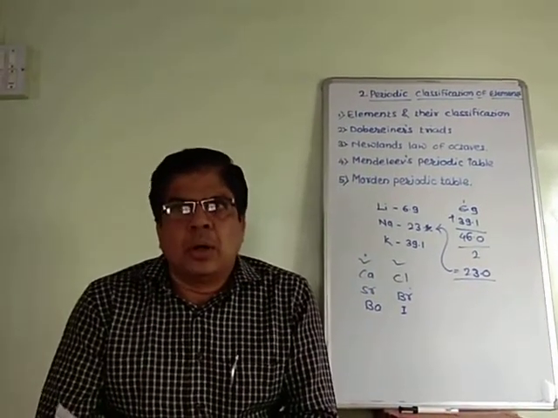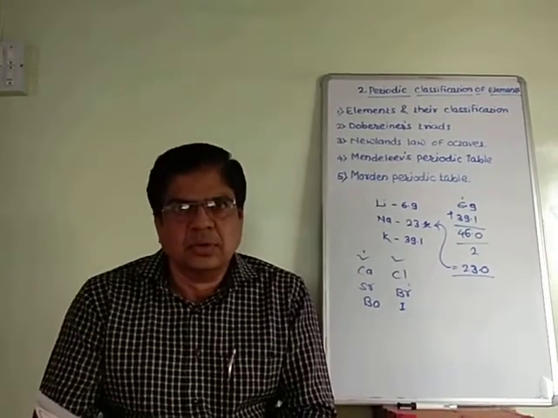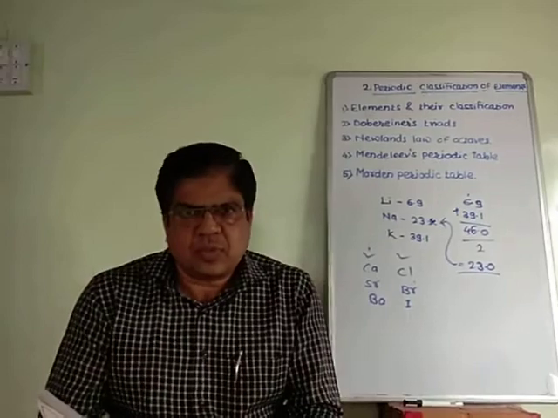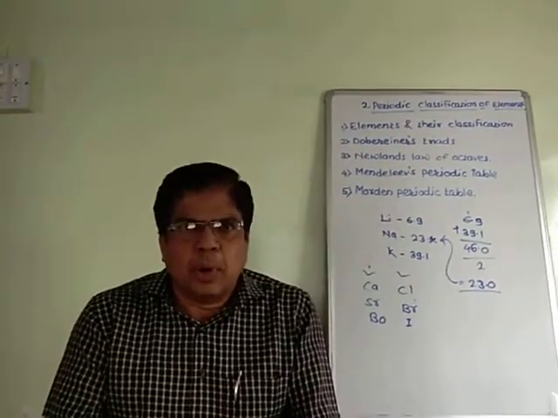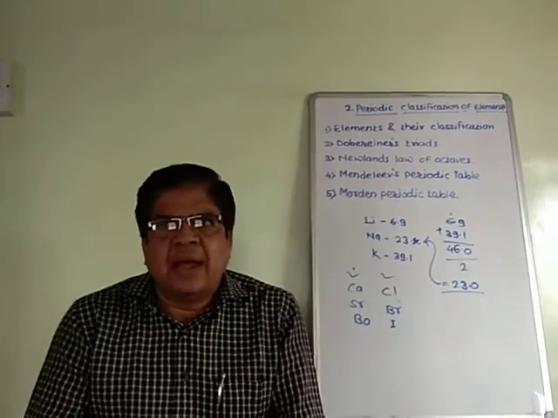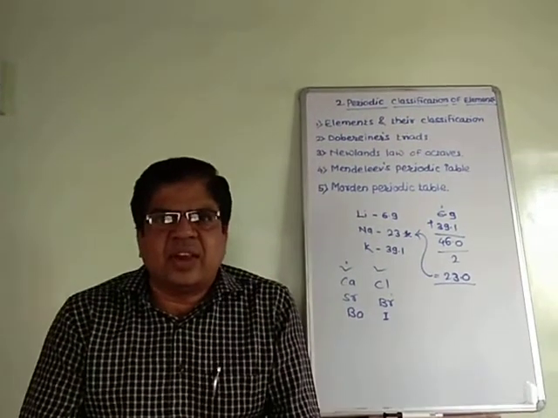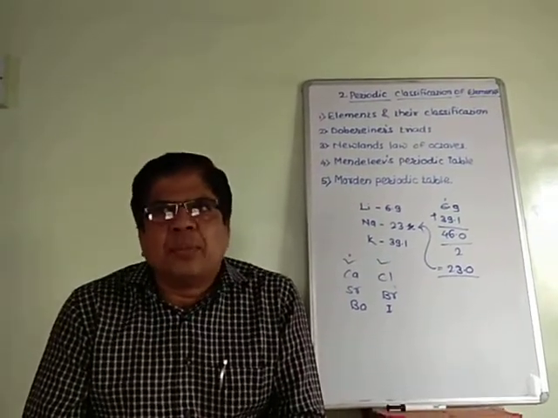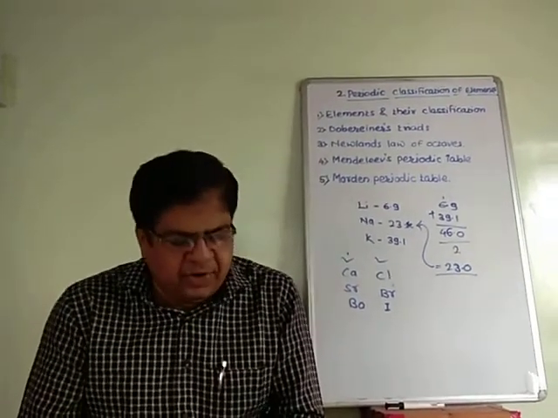On the left side, columns 1 and 2 are s block elements, 3 to 12 are d block elements, and 13 to 18 are p block elements. Two series, the lanthanide series and the actinide series, present at the bottom of the periodic table, are known as f block elements.